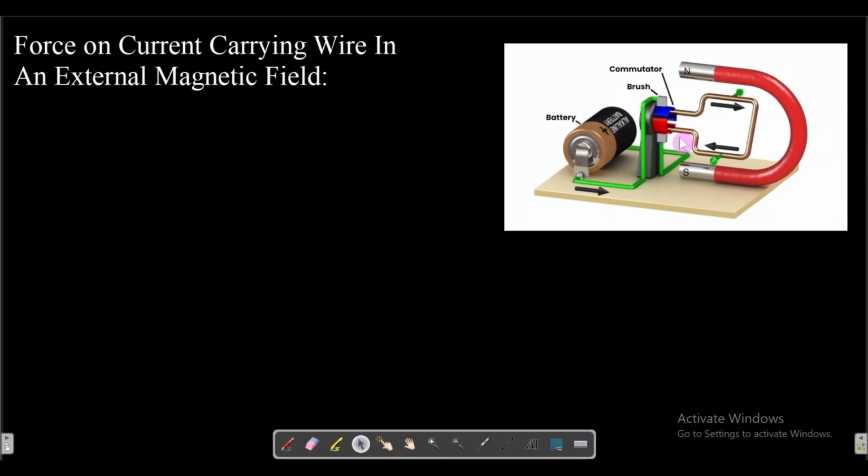When the current is flowing through the conductor, a magnetic field will be produced around this conductor. That internal magnetic field of the conductor will interact with the external magnet, and due to which a force will be exerted on this conductor. In this video, we will discuss this in more detail.